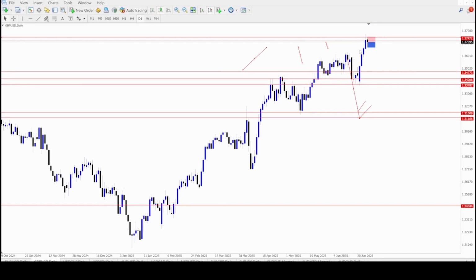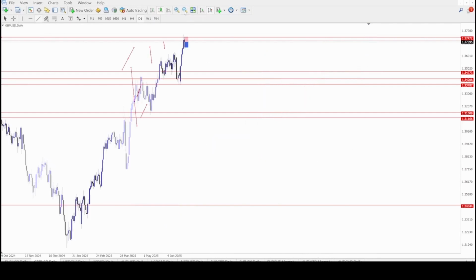Or better still, if you want to see if the market will go lower than that, you can also hold for longer if you want. It's up to you, but please do not take any trade that is not according to your own personal trading confirmation. I hope you understand that.